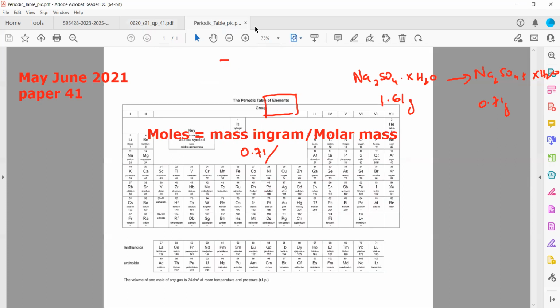When you check the periodic table, sodium is 23. We need the mass of sodium sulfate, Na2SO4. So sodium is 23 multiplied by 2, plus sulfur is 32, plus oxygen is 16 multiplied by 4. So this is 46 plus 32 plus 64. 64 plus 32 is 96, and 96 plus 46 is 142.